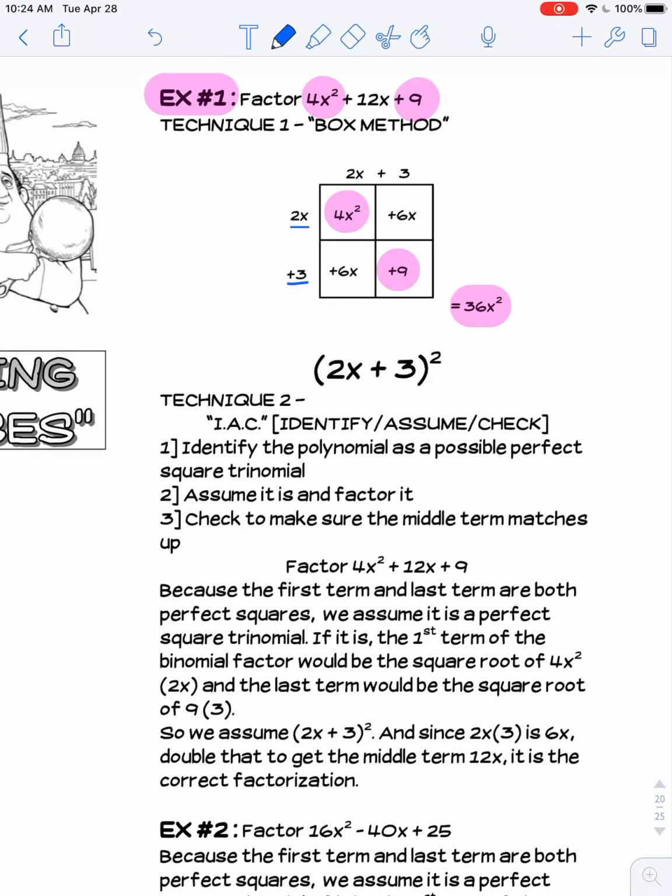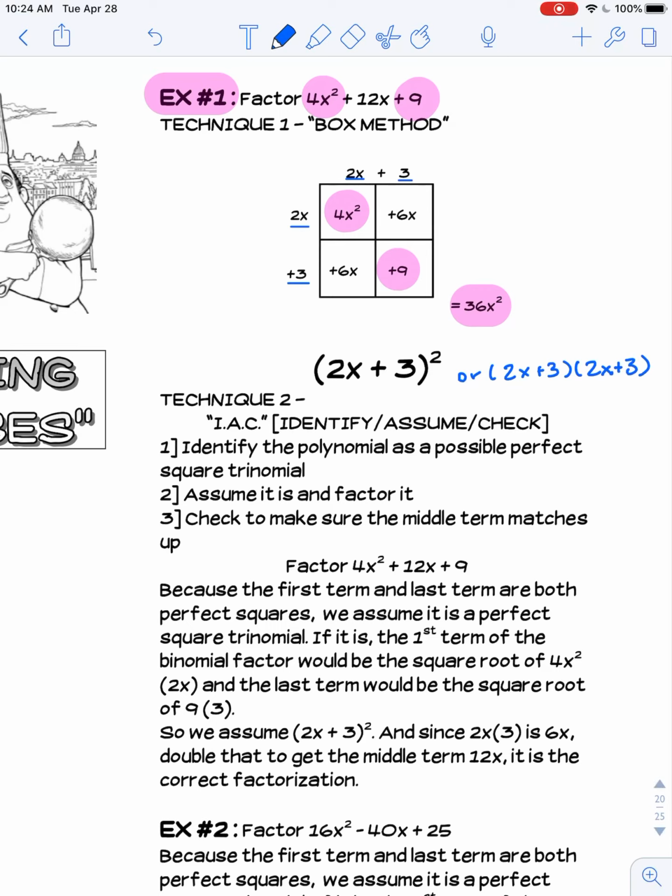The greatest common factor of 6x and 9 is 3. And what you notice is you get 2x plus 3 squared, or you could write it out 2x plus 3 times 2x plus 3.